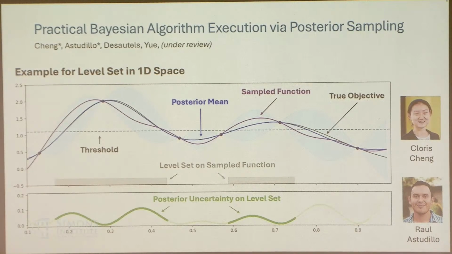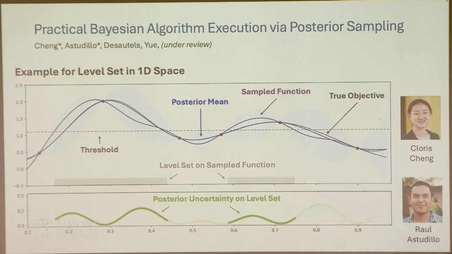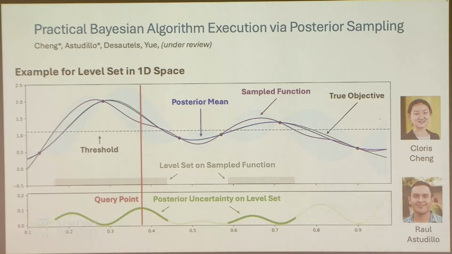And then what the orchestrator algorithm does is it looks at all the points in these gray regions and computes the posterior uncertainty, which is the size of the uncertainty, and it chooses the point that has the highest uncertainty within the gray region. So that's the algorithm by picture.